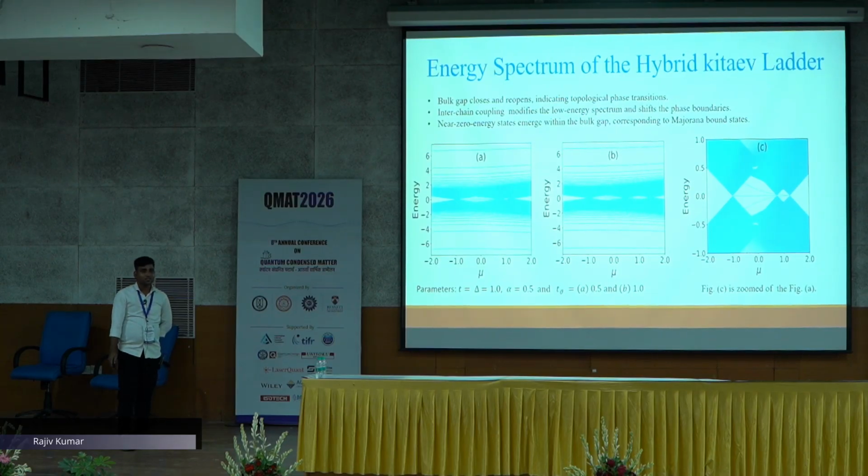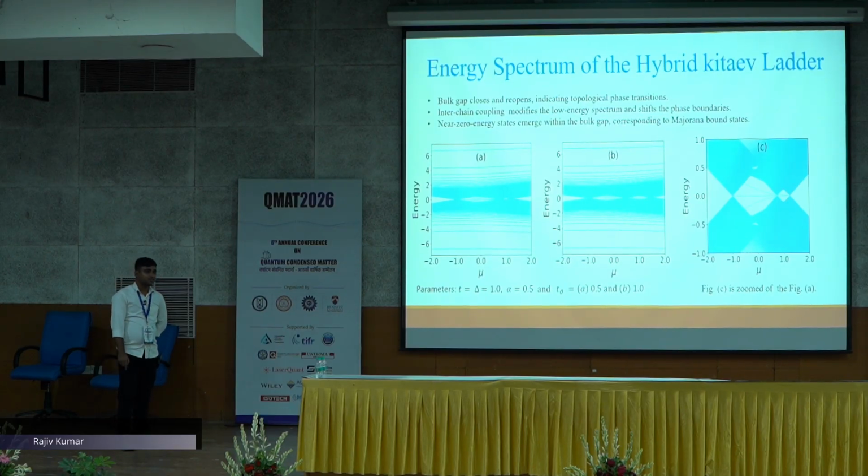But in the hybrid Kitaev ladder, from -1 to 0.75 both quasiparticles, Majorana zero mode and massive Dirac mode, are present. In the second topological region only massive Dirac mode quasiparticles are present, and beyond this region is the trivial region.